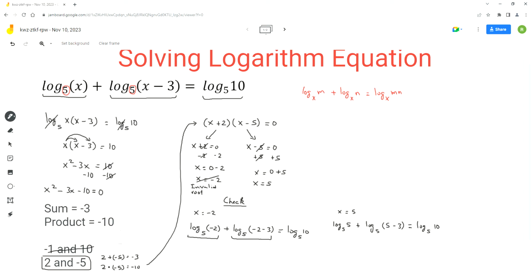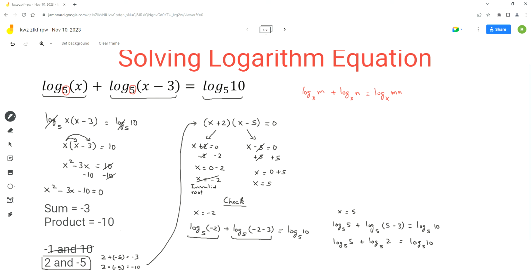We can simplify the parentheses. So log of 5 to the base 5 plus log of base 5, and then 5 minus 3 becomes 2. And the right side stays the same because there's nothing to do on the right side.